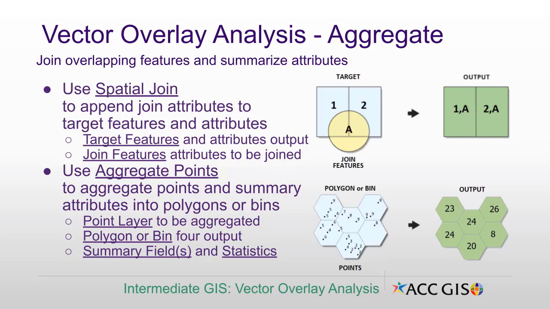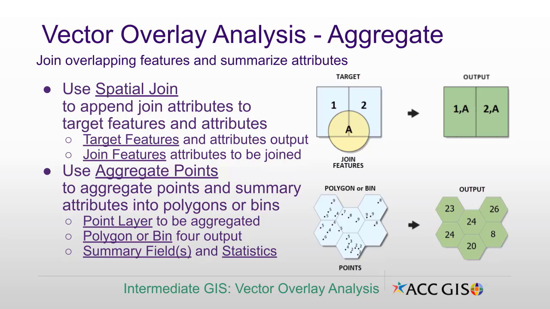And if you look at the diagram on the right, you can see that it includes polygons or bins, in this case, bins that are represented as flat-topped hexagons. And then the points within the bins are aggregated into the output that includes the bin along with the summary field and statistics for the points.